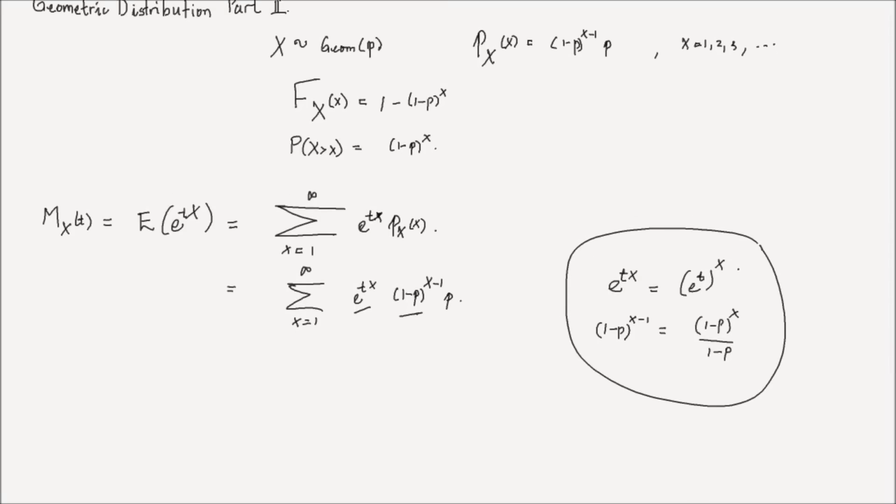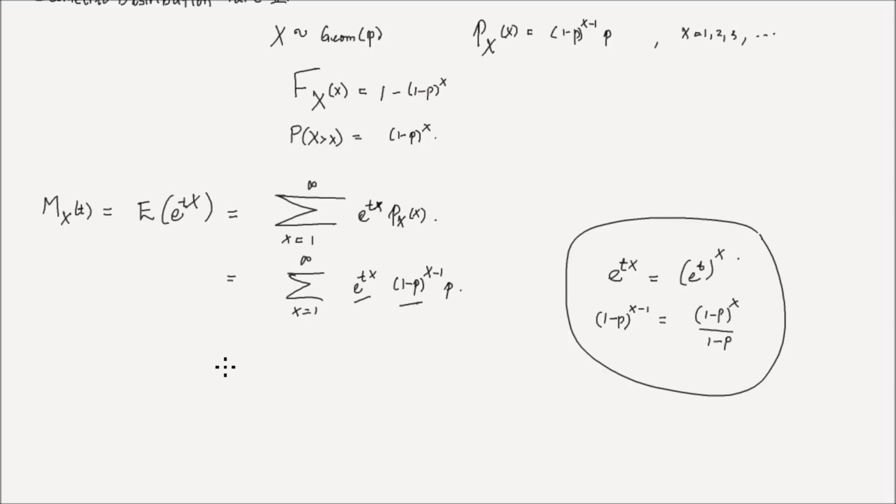Utilizing these expressions, I can write this moment generating function as the sum, x from 1 to infinity, of (e to the power of t) to the power of x, times (1 minus p) to the power of x divided by 1 minus p, times p.